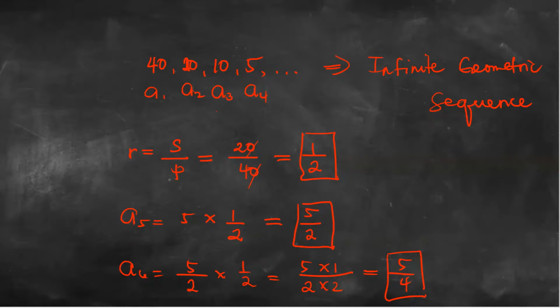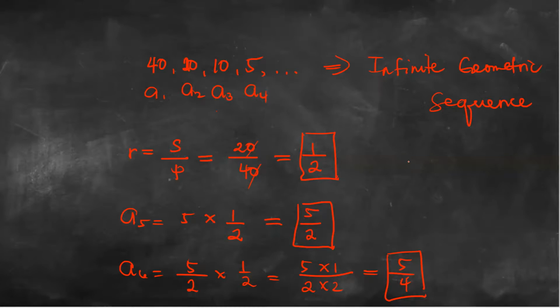And let's say, for example, you are asked to find the 30th term or the 20th term of this particular sequence. There is a formula that we're going to be using here. The formula that you should take note of will be this.